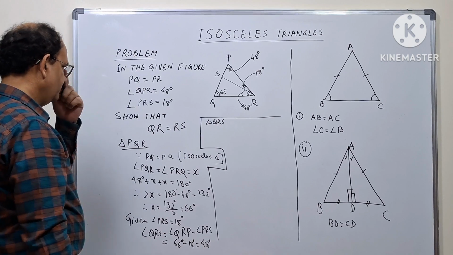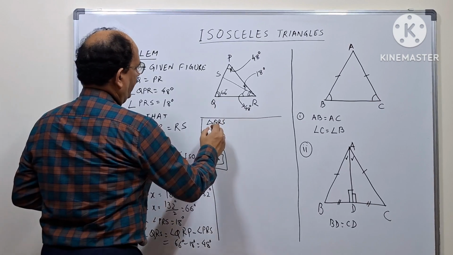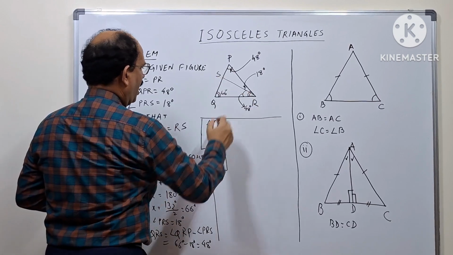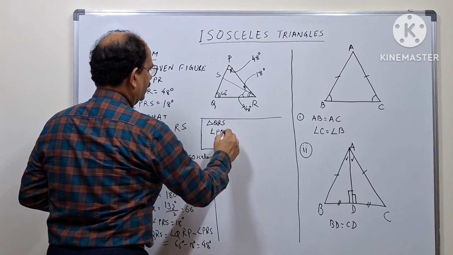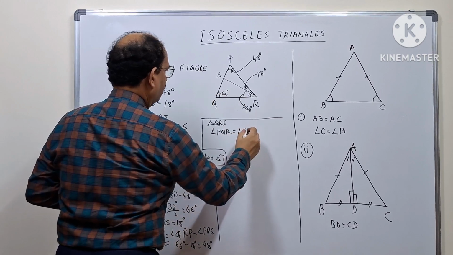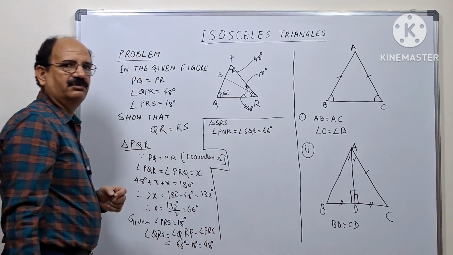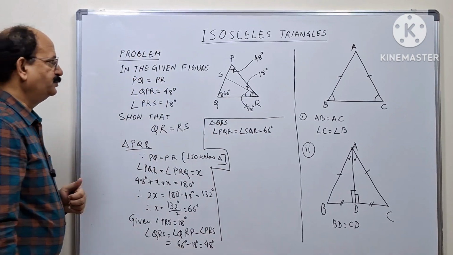So in this triangle, angle PQR, which is nothing but angle SQR, is 66 degrees, that we know. Correct?